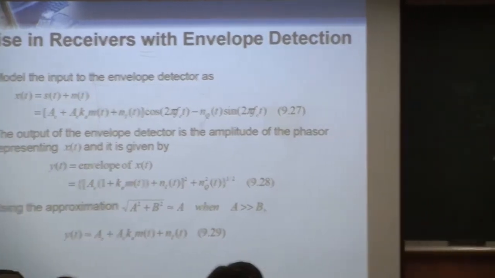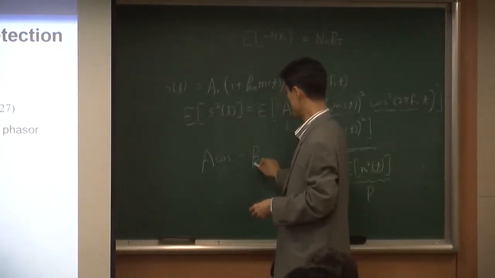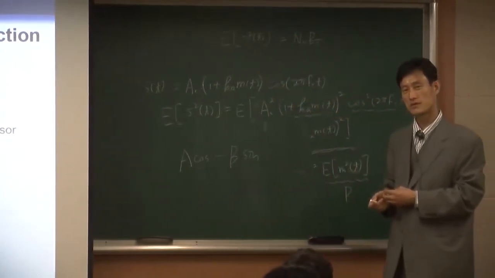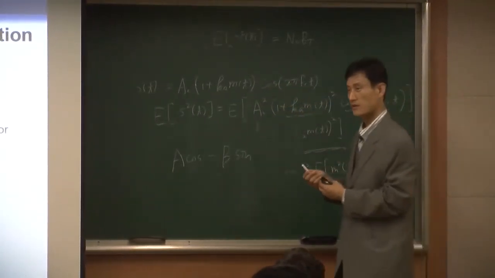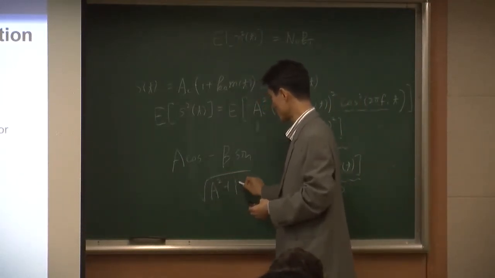So when you have A cosine minus B sine, how do you calculate the amplitude or envelope? Simply, it's going to be the square root of A squared plus B squared.